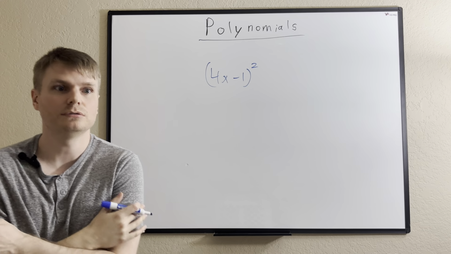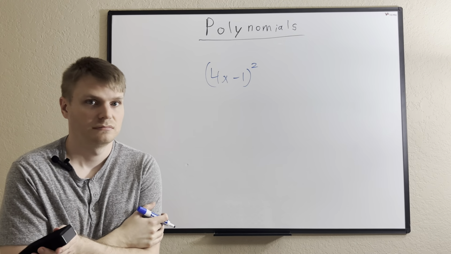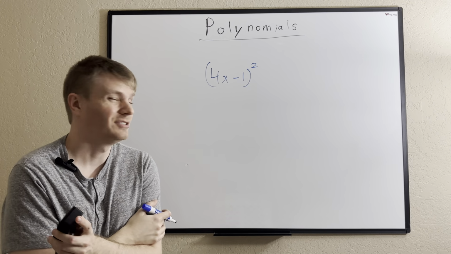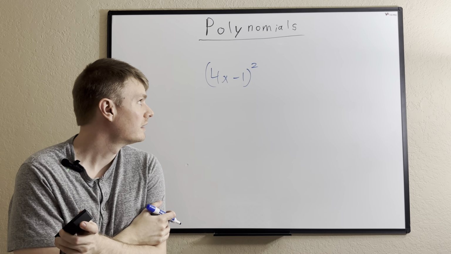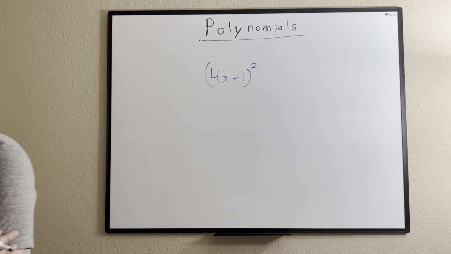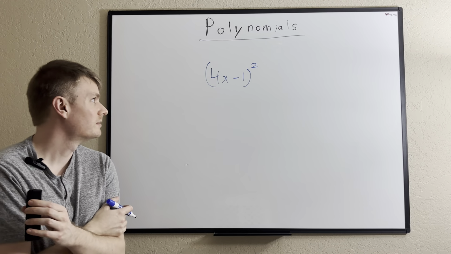Now we got to get into, well, what comes after multiplication and division? Exponents. I'm not going over division of polynomials today. That will be in possibly a much later math course.